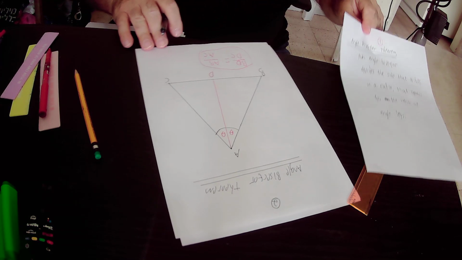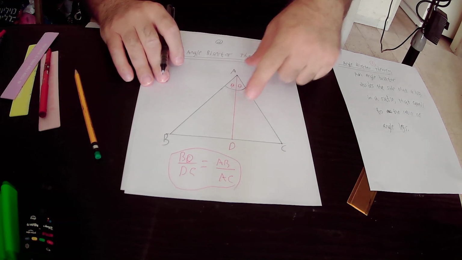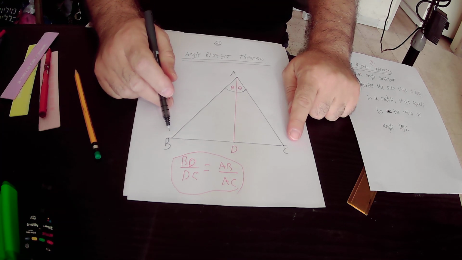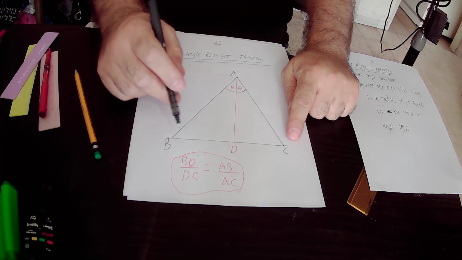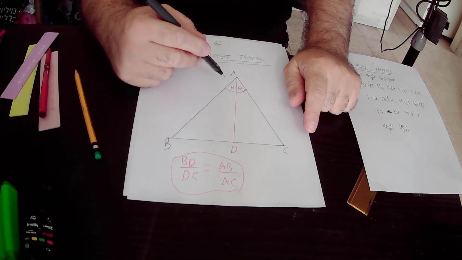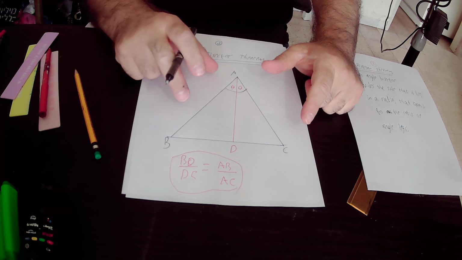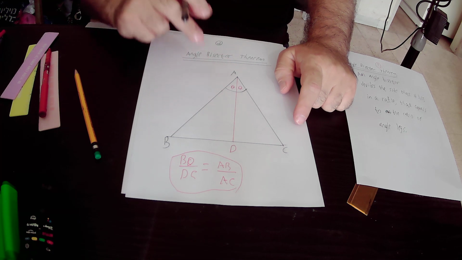So I repeat again. The angle bisector AD divides side BC in a ratio of BD over DC, and that ratio equals the ratio between the angle legs, AB over AC.